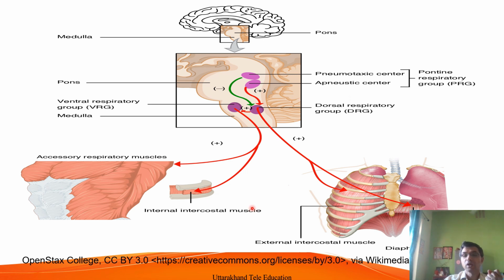And sometimes the chemoreceptor mechanisms are also responsible for regulation of the respiratory process, that is, the proton changes. When the protons change, the chemosensitive areas and baroreceptors stimulate the higher centers of the brain. The higher centers of the brain will send the signals to the pons.